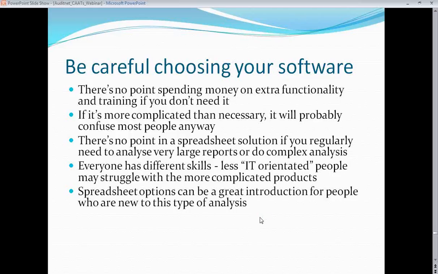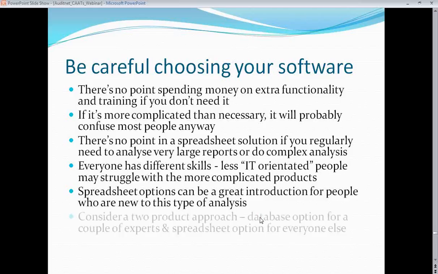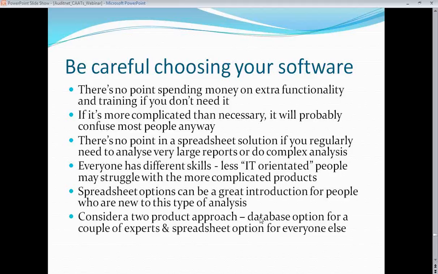Now, if you do have a need for more advanced analysis, or you occasionally need to analyse large reports, but you've got concerns about some of your users' IT ability, or you're worried about the risk of rejection, then you may want to consider a two-product approach where you provide a couple of people with a database product and train them up to be CAATTs experts, and then you can provide an easier-to-use everyday solution to the rest of the team, so they've still got access to the most common tasks and audit tests.